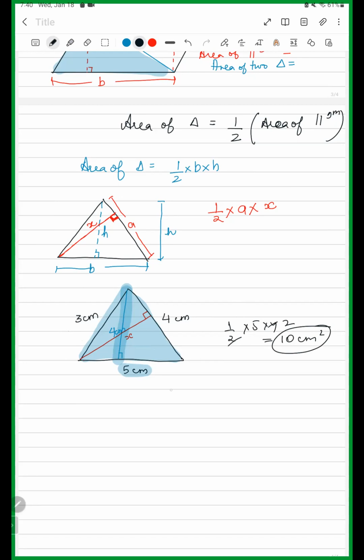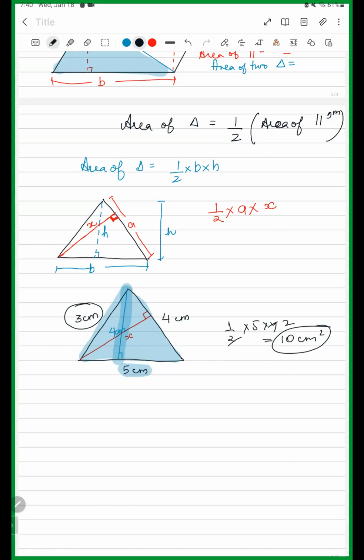ट्राइंगल के 3 साइड्स होते हैं ना, मैंने तीनों साइड्स के आपको मेजरमेंट बता दिए। So why are we not taking that side? आपको इस साइड के करस्पॉन्डिंग क्या ऑल्टीट्यूड पता है?